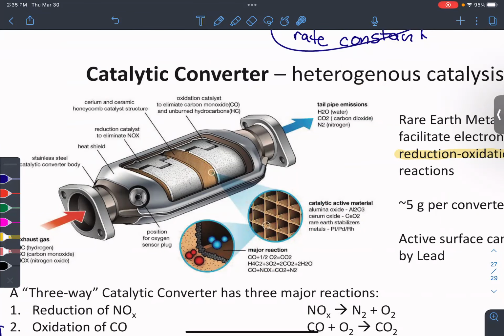If you're running lean, so you have too much oxygen and you're basically consuming all of your fuel, your converter is going to favor the reduction of NO2. So you're going to be consuming all of these electrons, but if you're only doing reduction of NO2, we have nowhere for electrons to come from because we actually have no hydrocarbons. So again, we need this complete system. We don't want to run lean.